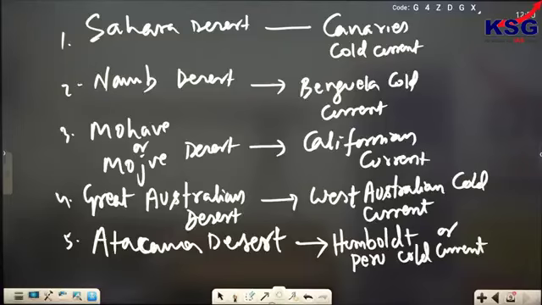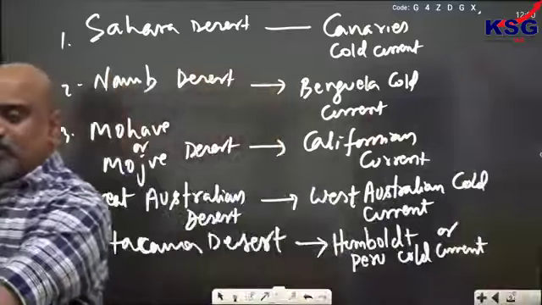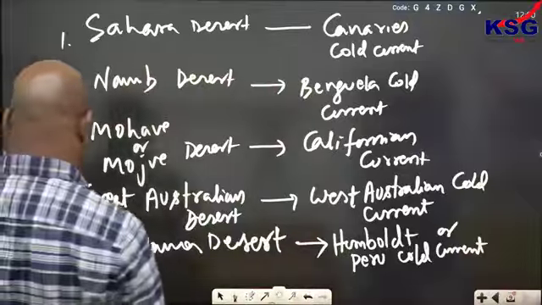In case of Ogaden Desert and all, the major cause of this is Somali current, seasonal current.